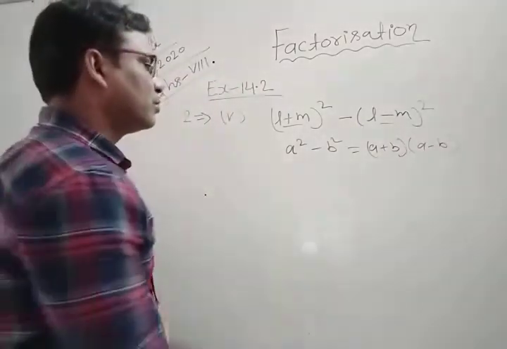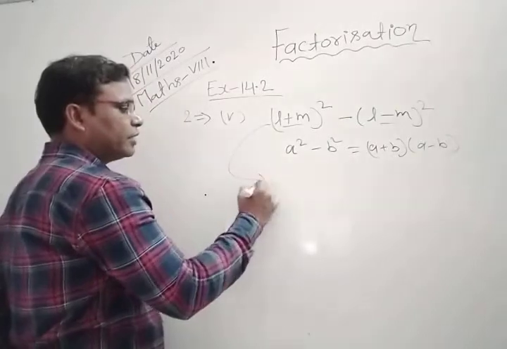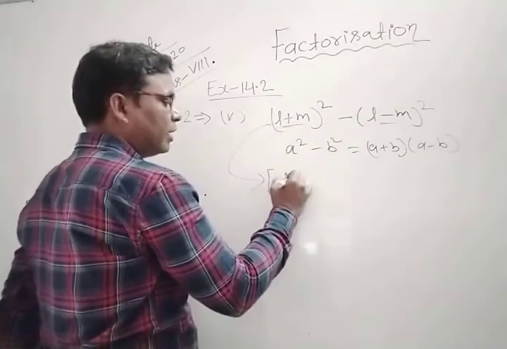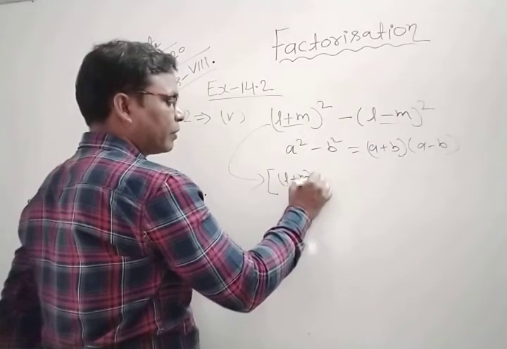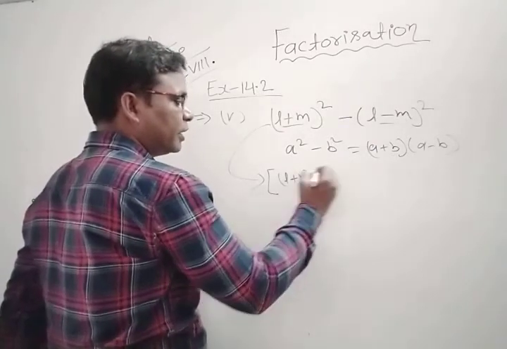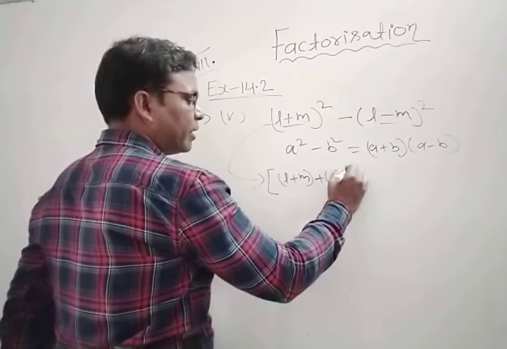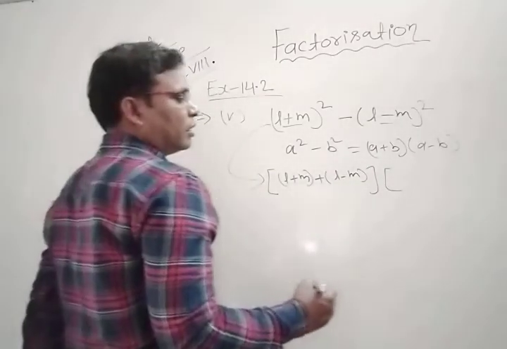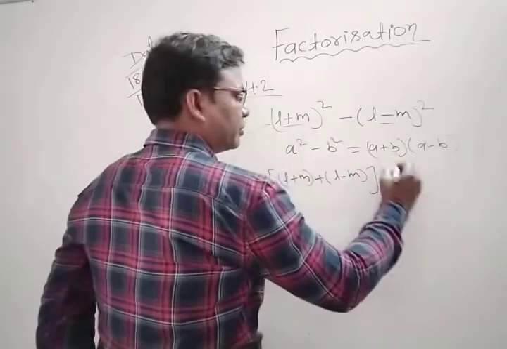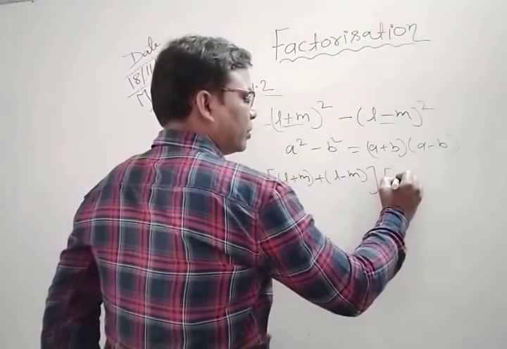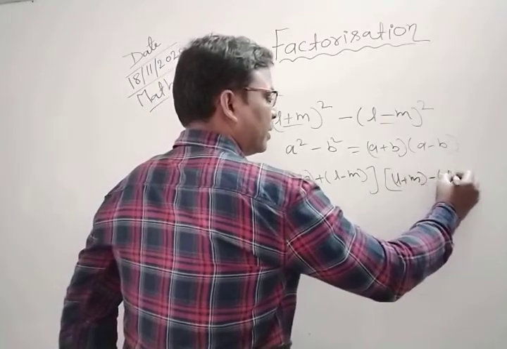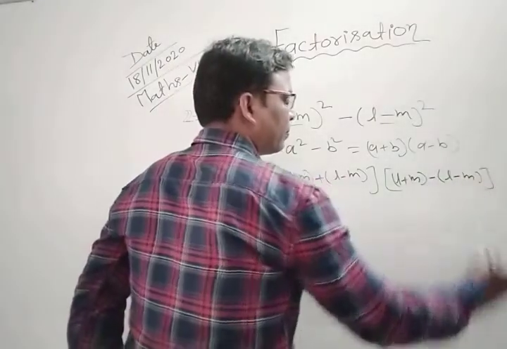According to this identity, we can write a plus b as l plus m plus l minus m, with a being l plus m and b being l minus m. In the next bracket, a minus b is l plus m minus l minus m.